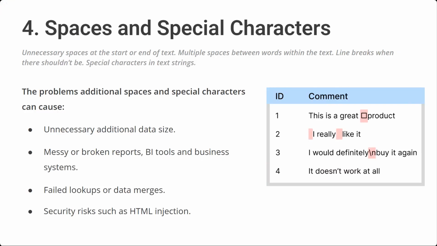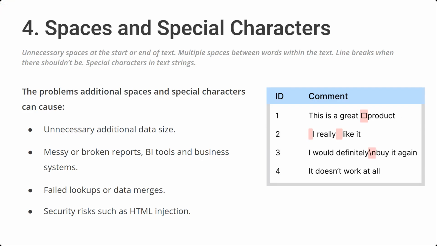We can also have special characters that are either unprintable characters, so we can never see that they're actually there, or we can have characters such as line feeds or special characters that can cause lots of problems. So again, we can just have extra characters that are unnecessary and they can make our data bigger. We could also have characters that might break downstream reports and things, or even systems.